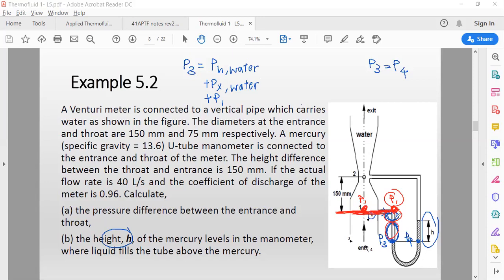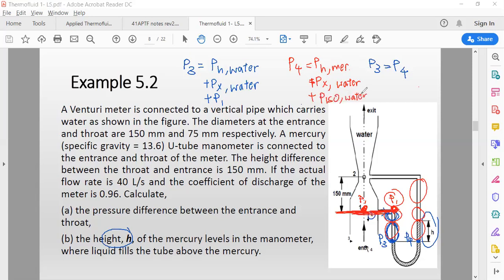Likewise, P4 has what? P4 has pH, but this part is mercury. Next, also pX. pX is water. And we have one more portion here. What is this portion? P150, also water.